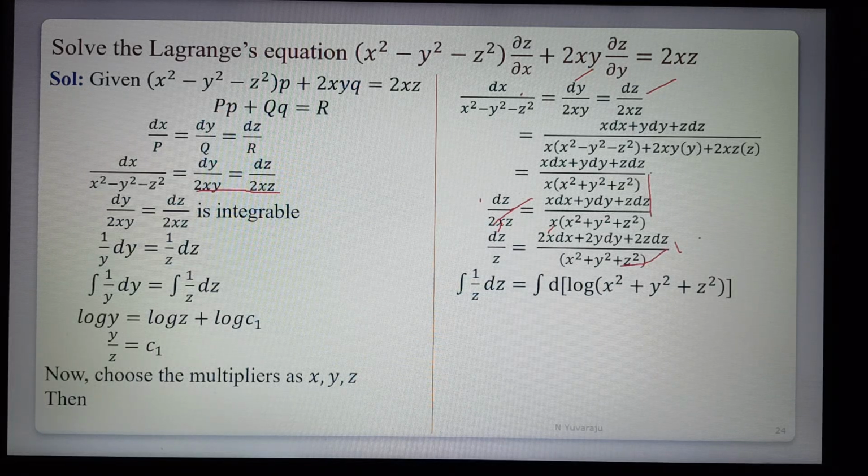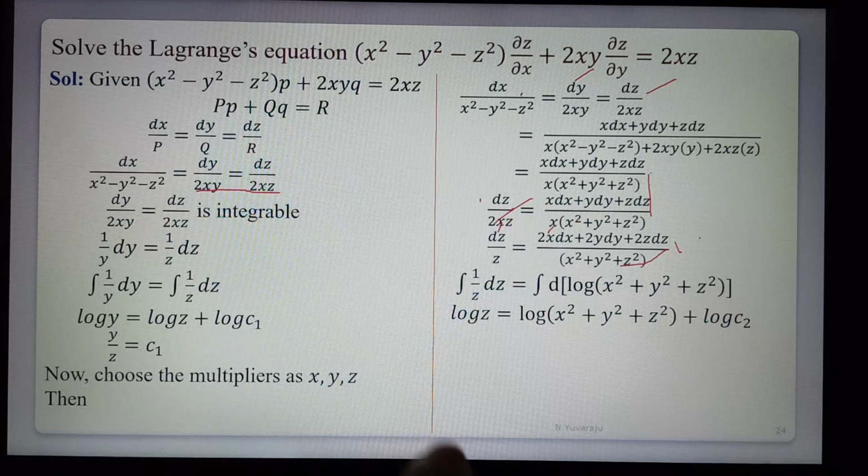Now integrating on both sides: log z = log(x² + y² + z²) + log c2, therefore z/(x² + y² + z²) = c2. This is the second solution.